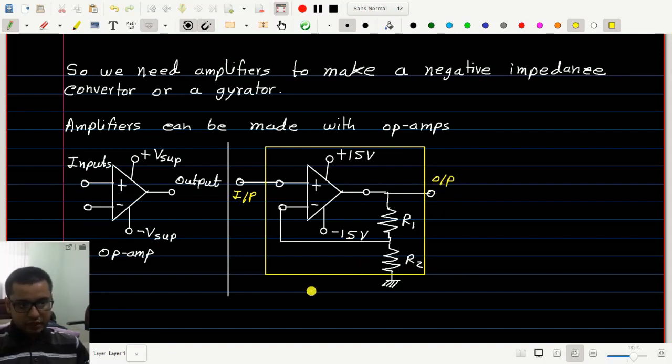Now for this circuit, the gain or K of this amplifier is given by 1 plus R1 by R2.